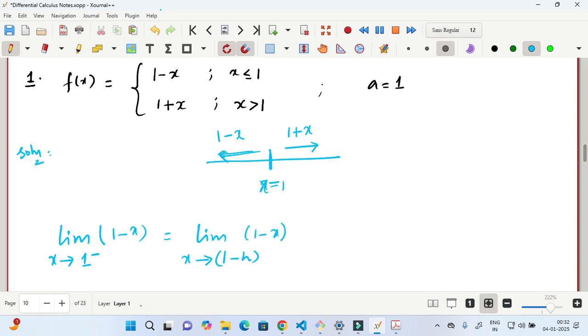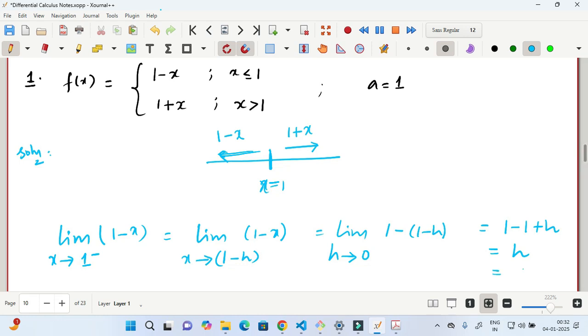So this value is equal to limit h tends to 0 of 1 minus (1 minus h). This is equal to 1 minus 1 plus h, which is h.